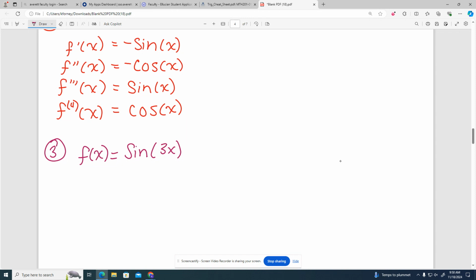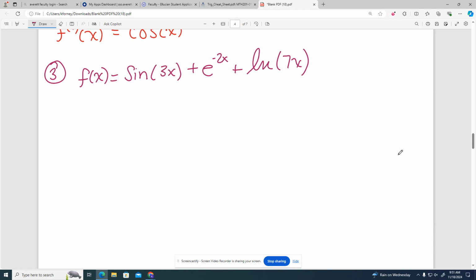That would get really crazy. All right. Sine of 3x plus e to the negative 2x plus, let's do a natural log. Okay, we don't do that a lot. So let's do one.